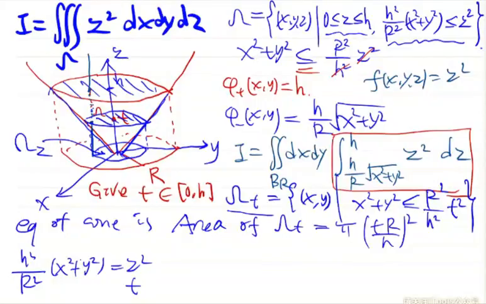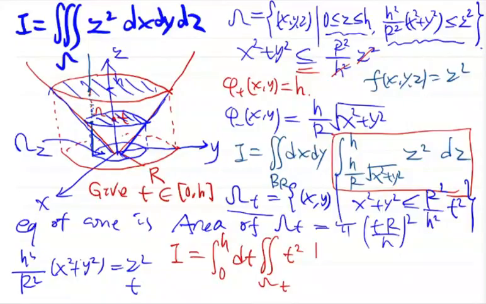So our integral I can be written as the integral of t from 0 to h dt, then the double integral over omega t. The function is t squared, dx dy. So the inner integral, the integrand function does not depend on x, y.